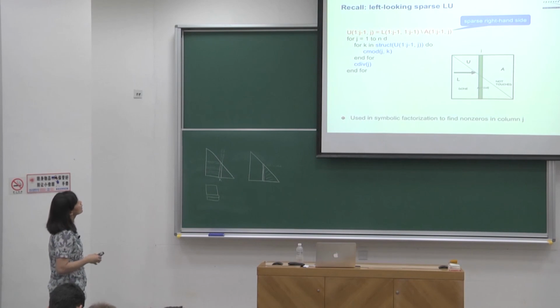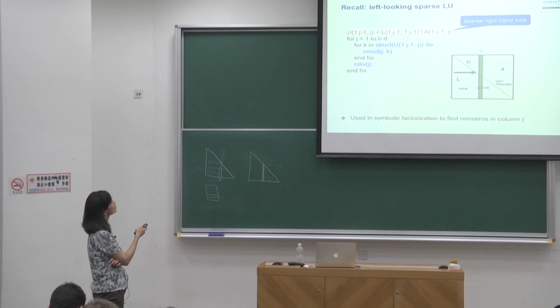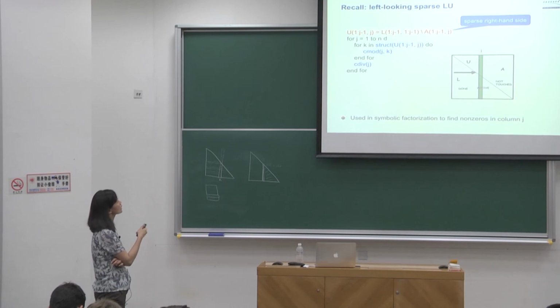So then, why is sparse triangular solve useful? In fact, think about the left-looking sparse LU algorithm, which I showed a few slides back. Everything here is finished, and right now you're actively updating this column, so you have some non-zeros here.